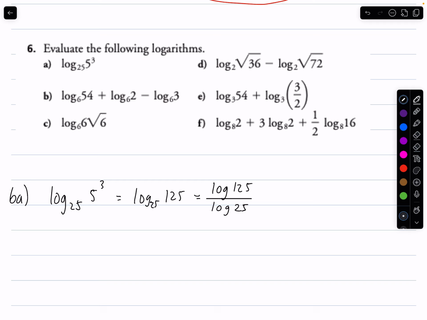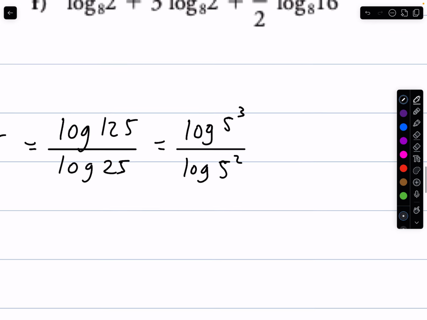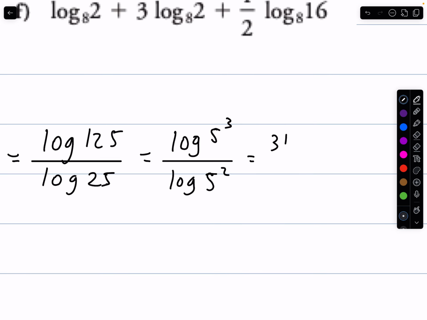Now it gets a little interesting because I can use my knowledge from chapter 8.3 to say log 125 is just the same thing as saying 5 cubed, and then log 25 is just the same thing as saying 5 squared. Now using the power law, I can say this is 3 log 5 because I'm able to bring that to the front, and I can say this is 2 log 5. And then I have a log 5 and a log 5 at the top and the bottom, so I can just simplify this to 3 over 2, and that's your answer.